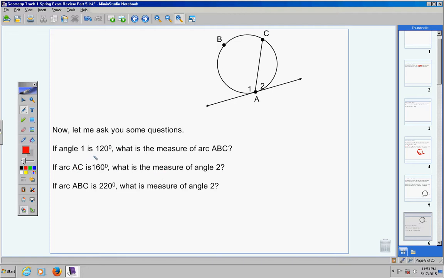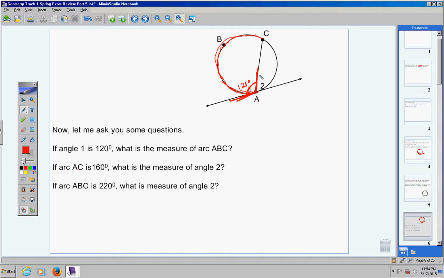If angle 1 is 120 degrees, so this whole angle that goes from there to there is 120 degrees, what is the measure of arc ABC? What is the measure of arc A all the way to B, all the way to C? Well, guys, look, the angle is facing this way, so this is the intercepted arc from here to here.